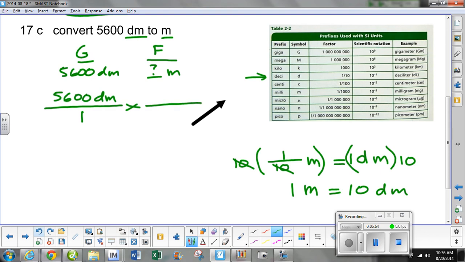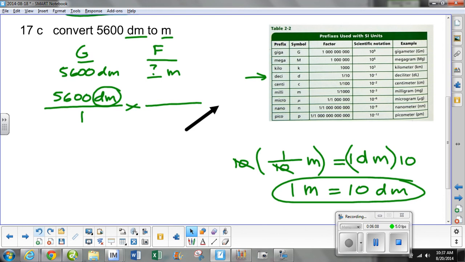Then we use that conversion factor that we just made and plug that in. We have decimeters here, so we have to have decimeters down here.